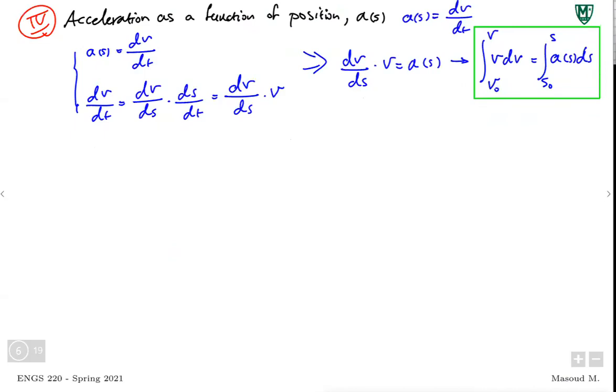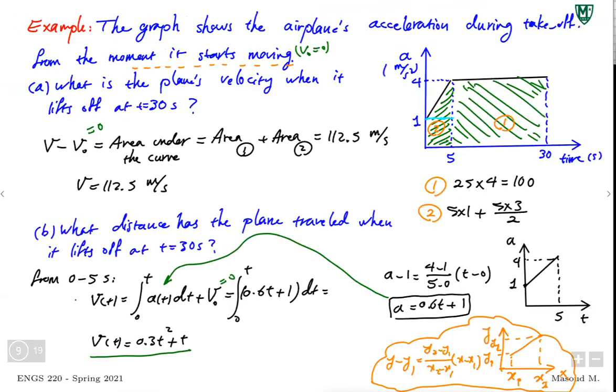So s as a function of t becomes the integral from 0 to t of v of t dt plus s naught. I'm going to assume that s naught is 0 at the beginning. It doesn't really matter because I put the reference wherever I want.